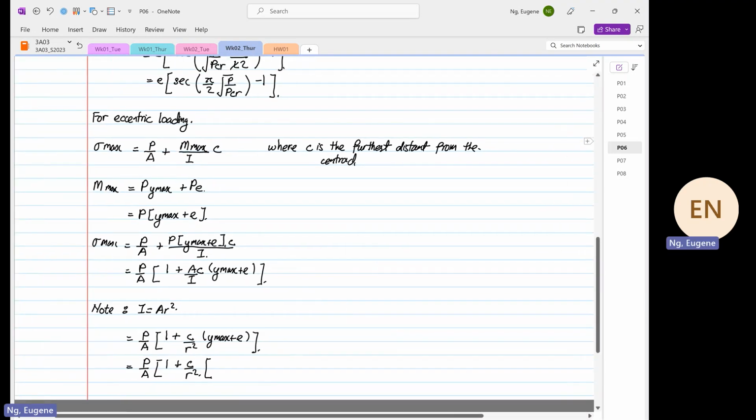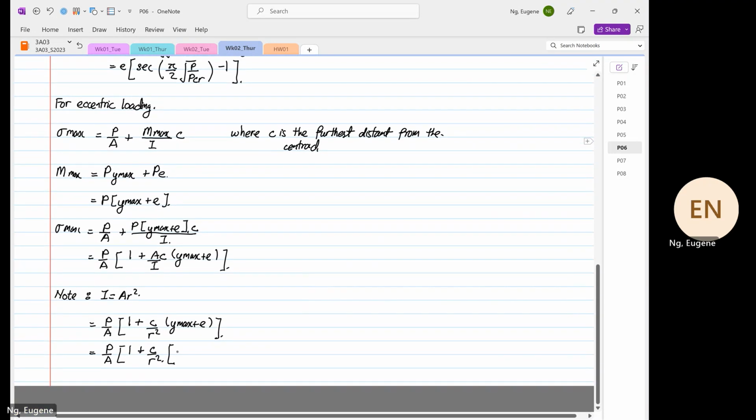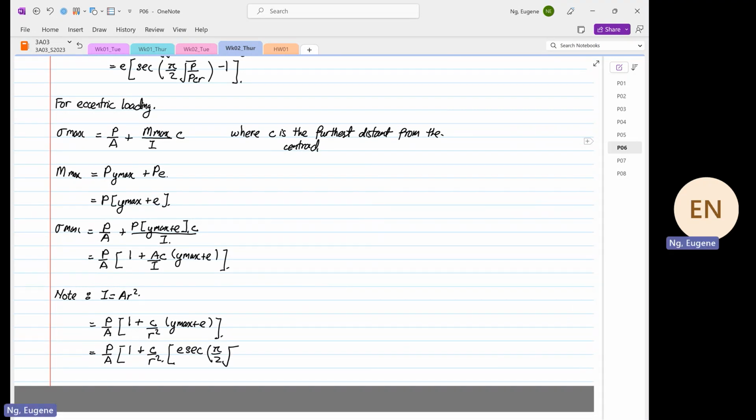Our Y max is equal to E secant of pi over 2 square root of P over the critical load, close bracket, minus 1, or minus E. And then I'm going to have a plus E again. So I'm going to close the bracket, and this can be cancelled.